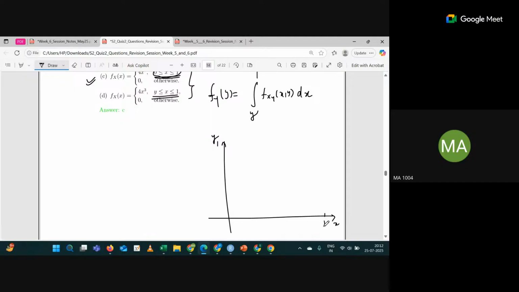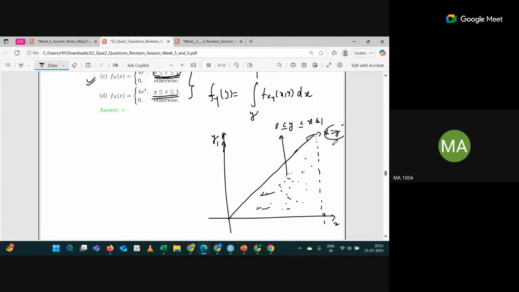If you see this straight line, this highlighted part is the region where 0 is less than or equal to y is less than or equal to x is less than or equal to 1. Yes or no? Because this line is x equal to y, so x will be greater than y, inside, below this line, right?